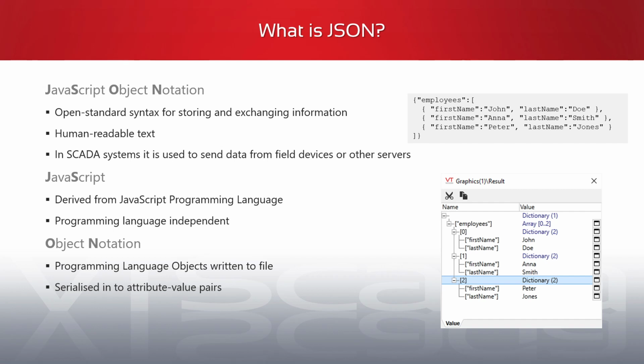The array employees holds element 0, which has John and Doe, which are first and last name characteristics, within that dictionary of 2 elements. The second dictionary of 2 elements holds Anna Smith, and the third holds Peter Jones. So directly you can see the relationship between the JSON serialized text file and the in-memory representation of the programming language. So that's all fine.